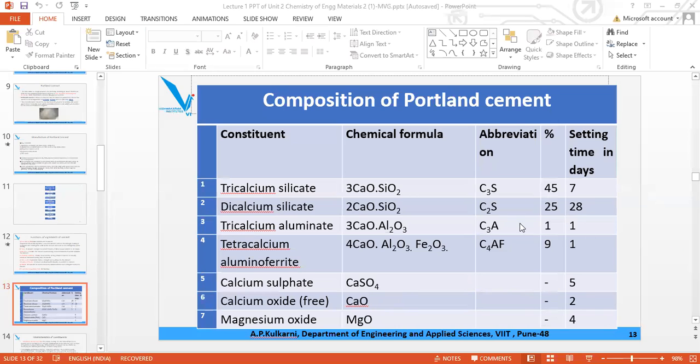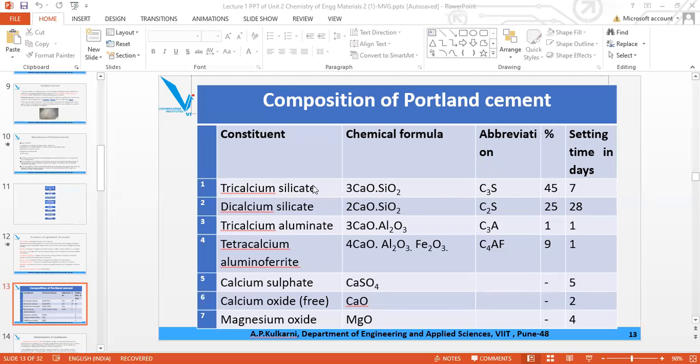Now this is the composition of Portland cement. Tri means 3. Calcium here means CaO. Calcium is not Ca, but it is CaO. Silicate means SiO2. Aluminate means Al2O3. Ferrite means Fe2O3.